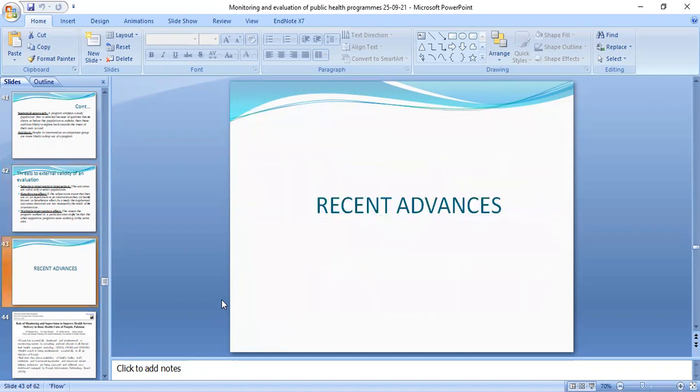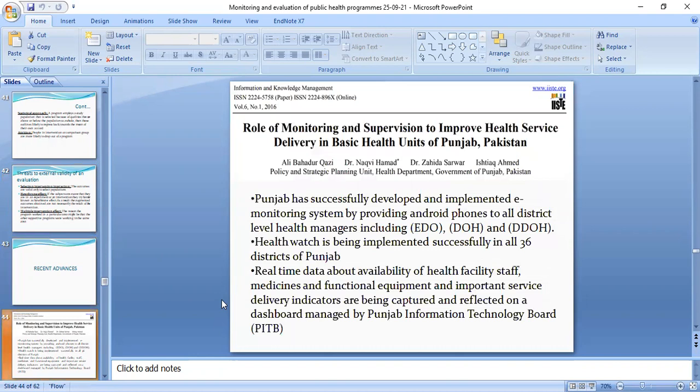Know the recent advances. The first article is the role of monitoring and supervision to improve health services delivery in basic health units of Punjab in Pakistan. Punjab has successfully developed and implemented an e-monitoring system by providing Android phones to all district level managers, including executive district officers, district health officers, and deputy district health officers.